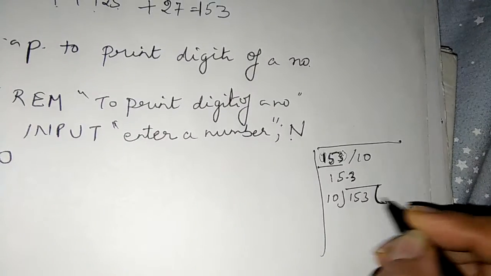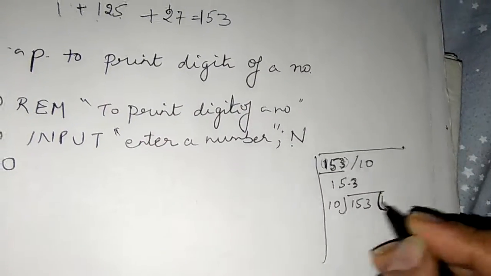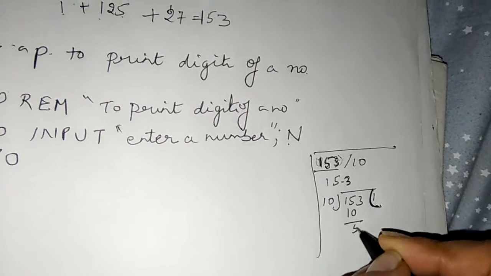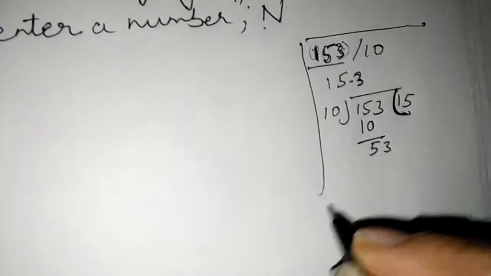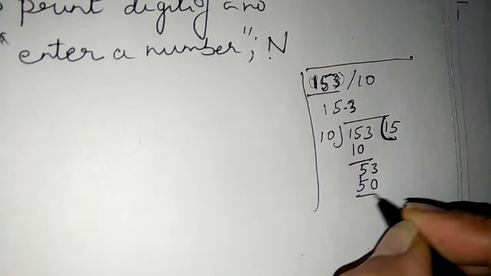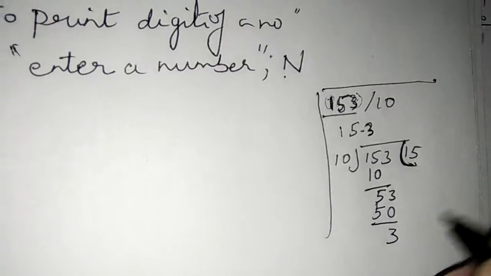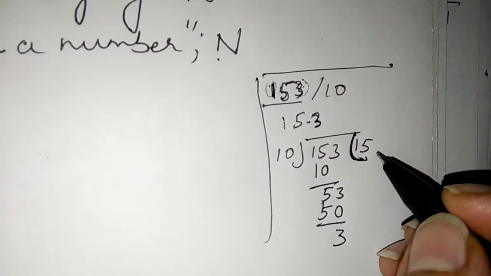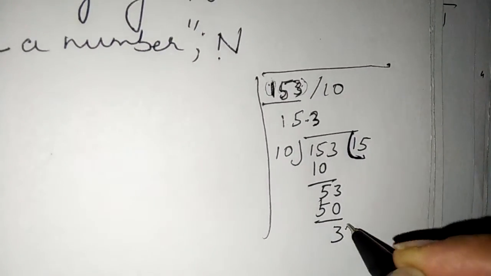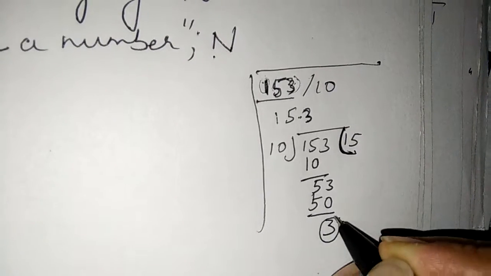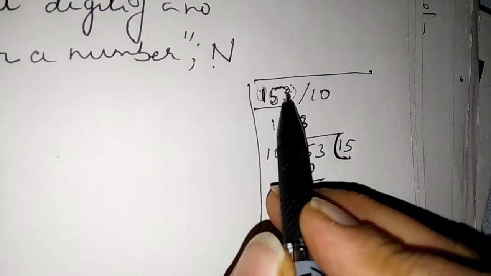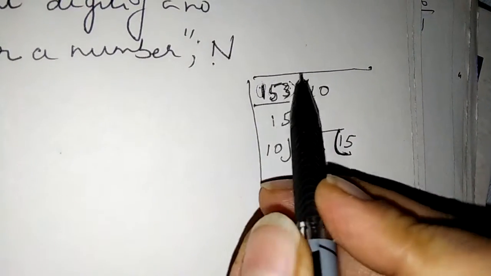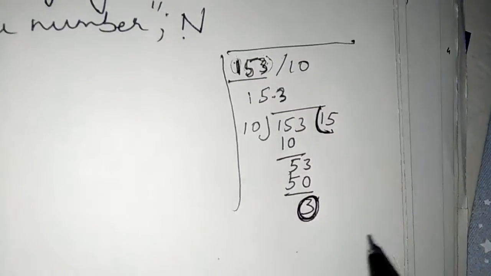I am here writing the question. 10 ones are 10. 53 left. 10 fives are 50. Now what is the remainder? 3. Now instead of taking the fraction part, if I have to take the remainder part, what is my requirement? That is 3. Yes or no?